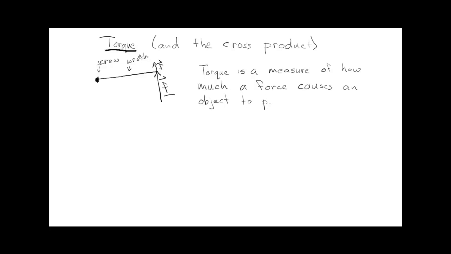So that's a very loose definition. You might get a more technical one from a physicist or a scientist, but it's a good intuitive definition, and it explains what's going on.